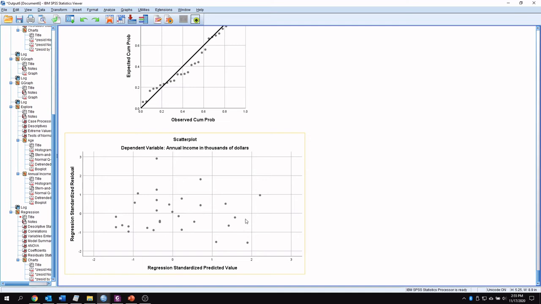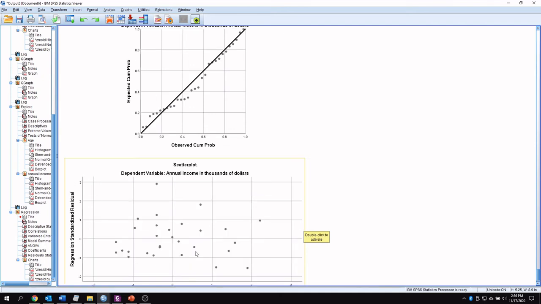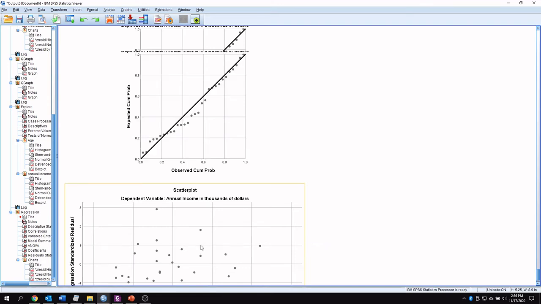Now I'm going to scroll down to this plot right here. This is going to tell us a little more about the homoscedasticity that we talked about earlier. We want this to kind of look like a rectangle, and that's going to represent normality. You can see that things do spread out a little bit the further right we get. Which means that our data definitely isn't perfect, but our data points nevertheless are spread out, and at least for the purposes of this video, we're going to assume that our assumption of homoscedasticity is met.